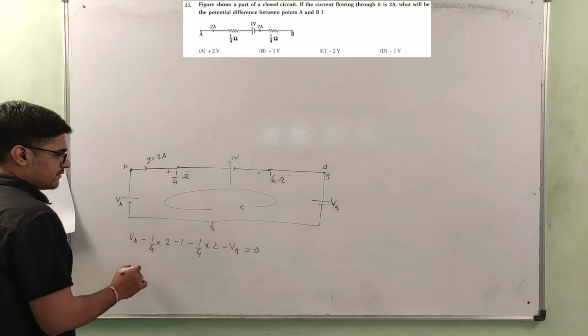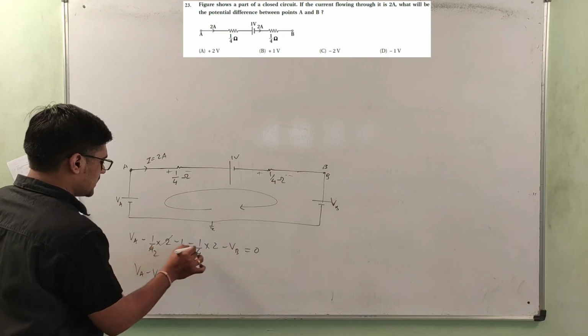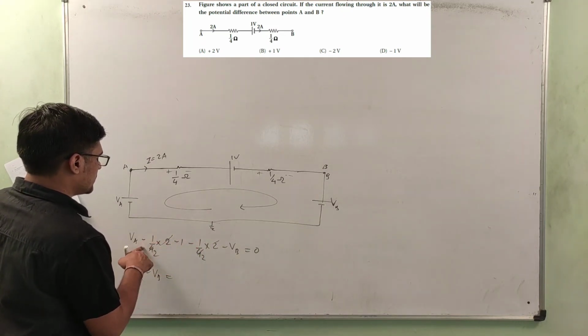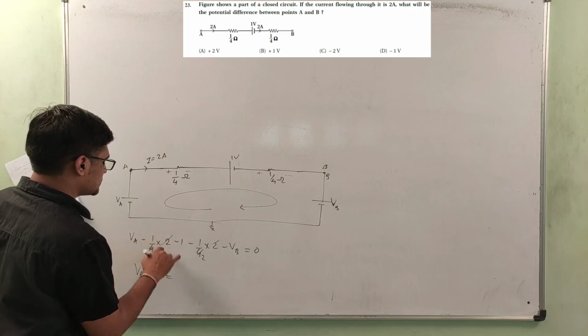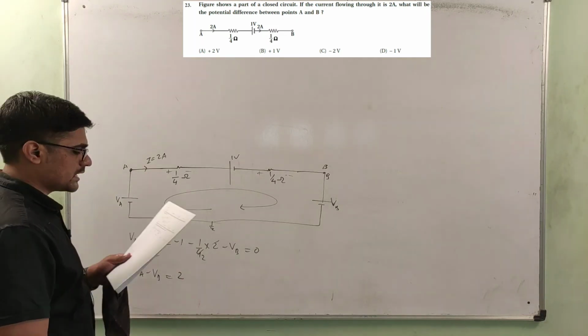The potential difference between A and B means VA minus VB. So this is 1 by 2, and this is also 1 by 2. Minus 1 by 2, minus 1 by 2, minus 1, minus 1, minus 1, minus 2. Taking it to the right side, plus 2 is our answer. Plus 2 volt, A is our answer.